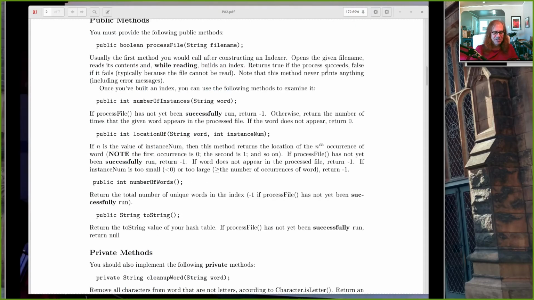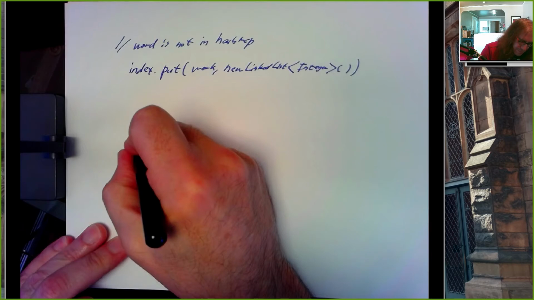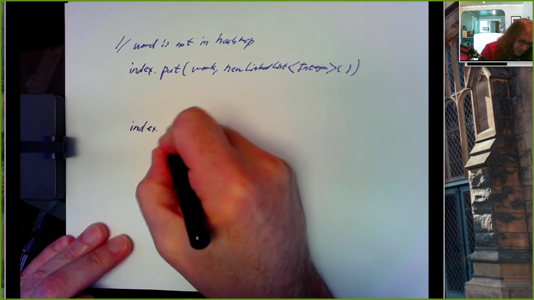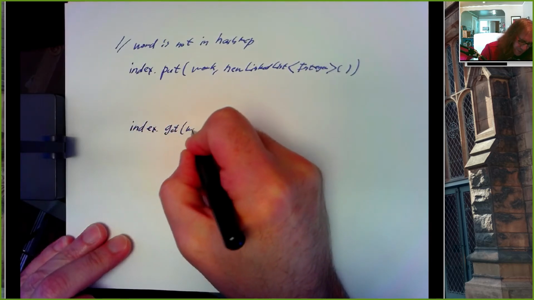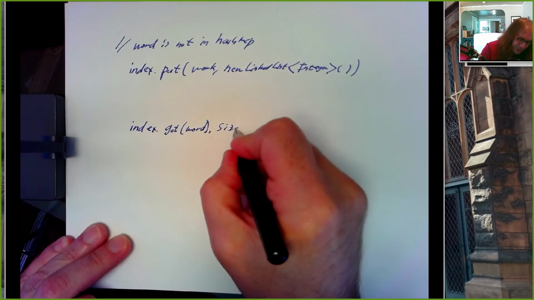So how many times does a word occur in our index, in our file? index.get(word). That's a linked list. Call its size method.